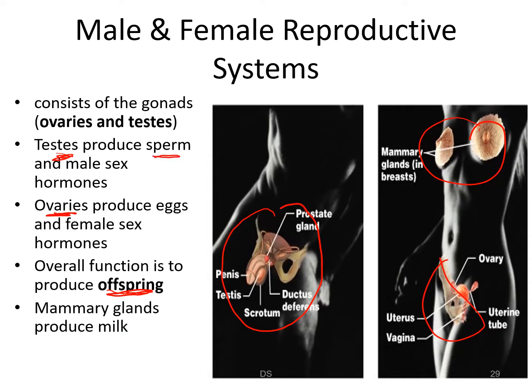They produce the sperm cell and the egg cell. In addition, they also produce the hormones testosterone in males, and estrogen and progesterone in females. In addition, there is a gland we call the mammary gland. In females, it produces milk.